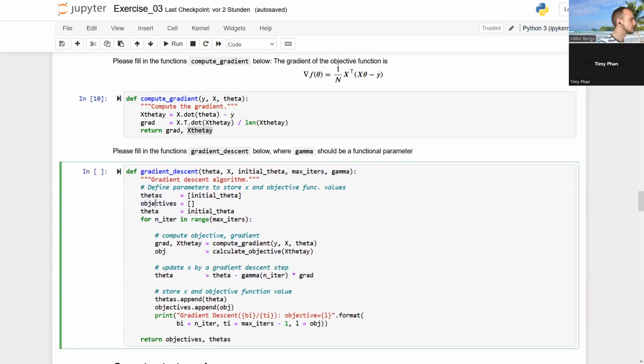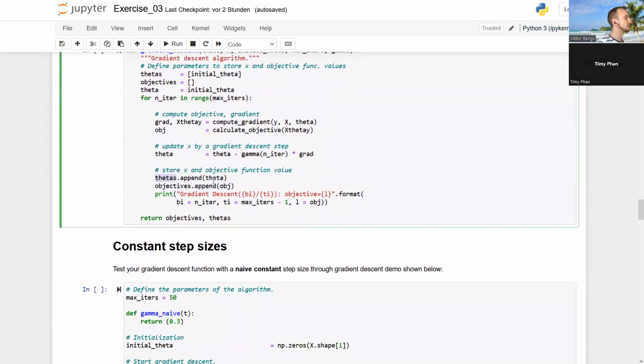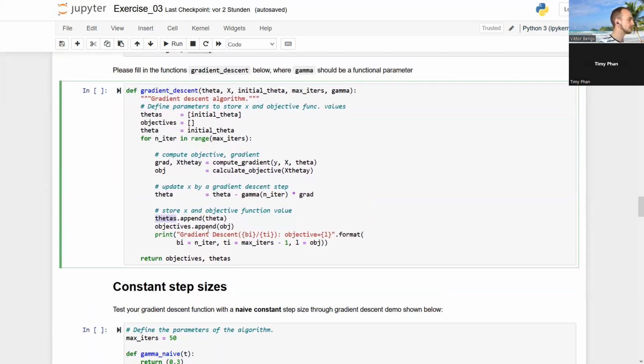This is stored here in this objectives list, which we are extending after each iteration. So the thetas list is extended by the new theta we get here, and the objective list by the evaluation of the objective function at the current one.